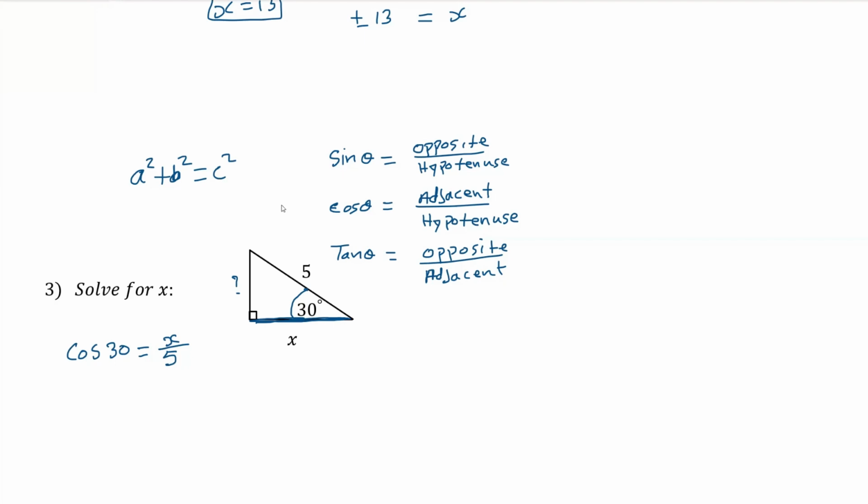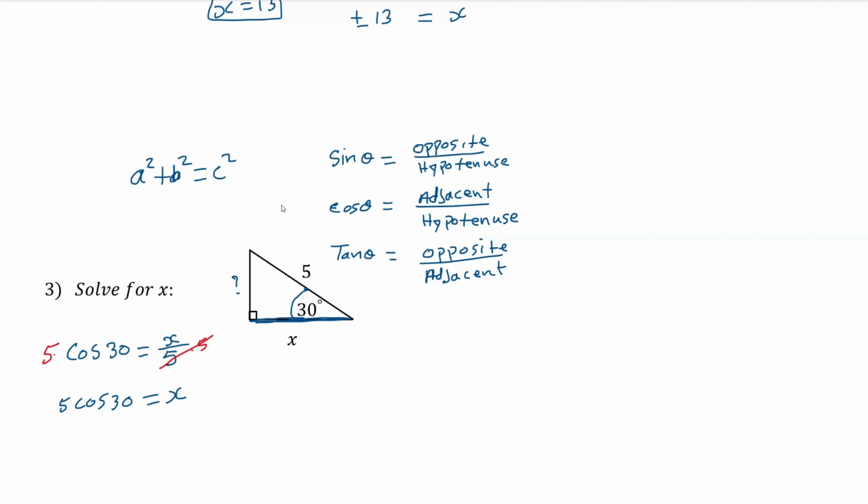So we can now multiply both sides by 5. We cancel the 5 in the denominator here. And so what we have is 5 times cosine 30 is equal to x. And then all you have to do is put this in the calculator and you are done.